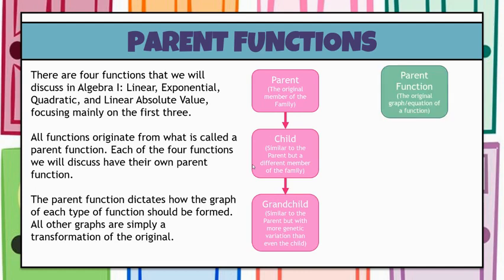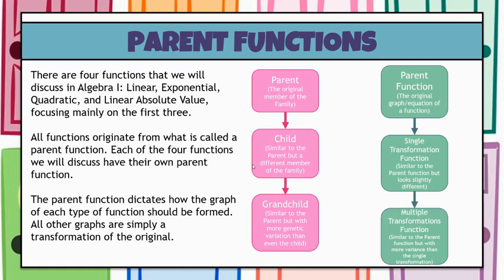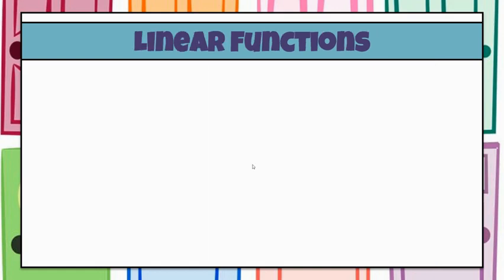So here, when we think about a parent function, it's the original graph. Then after I've done one transformation, it would be kind of like the child. It's still pretty close to what the parent function looks like, but there's a slight difference to it. And then if I do multiple transformations on a function, it's going to look like the grandchild. So it still has attributes of the parent function, but it looks kind of different from the original.